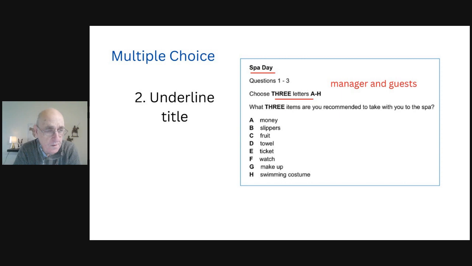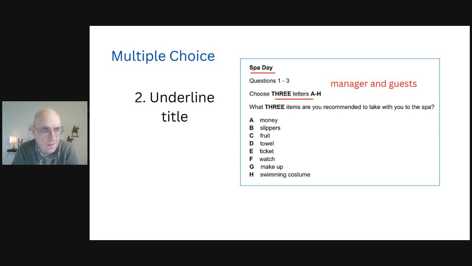So we're listening to a conversation between a manager and a guest to arrange a spa day, and we have to choose three letters, which we're going to just circle or mark as we answer right in our notebook, because at the end of the listening section, you do have 10 minutes once the listening is finished to transfer your answers to the answer sheet.